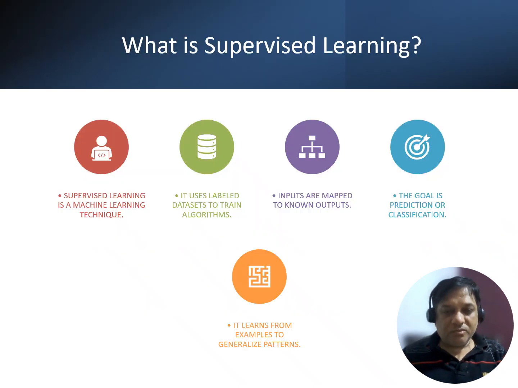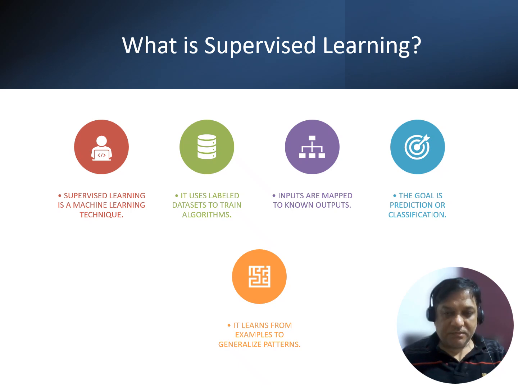So, what is supervised learning? It is a machine learning technique which uses labeled data sets to train the algorithms, and its inputs are mapped to known outputs, and the goal is to predict or classify the output.